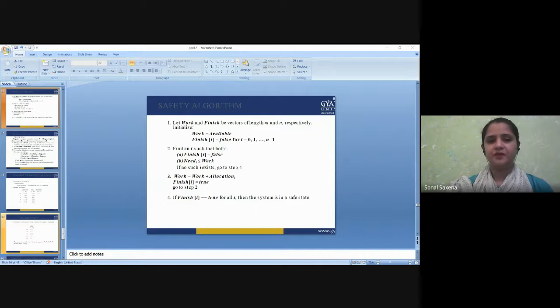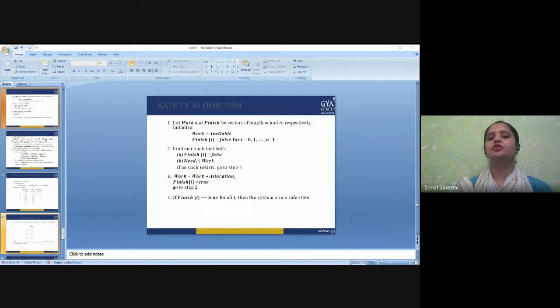So see, this is how you are going to identify the safe state, where the safe state means the deadlock would not happen, and unsafe state means there is a possibility of the system going into a deadlock condition. So how would you identify the safe state? In the safe state, as many processes as you have, all of these processes will be able to execute successfully.